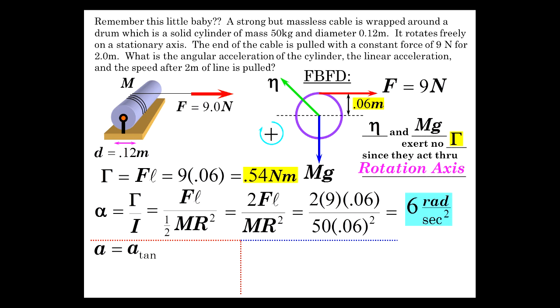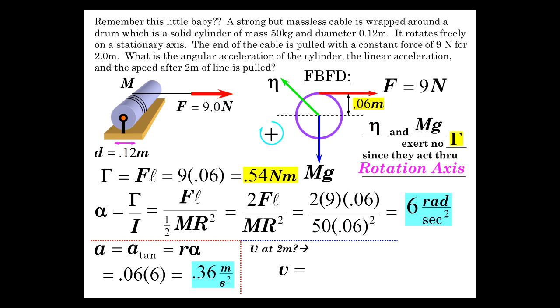Now the linear acceleration is just the acceleration of the string or cable here, which is the acceleration of the edge of the cylinder, the tangential acceleration, and that's R alpha. So that's 0.06 times 6, 0.36 meters per second squared.